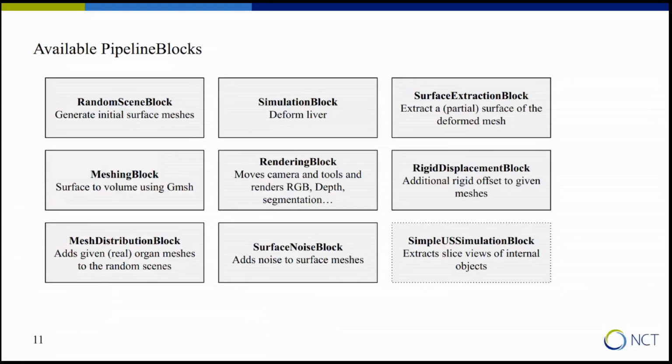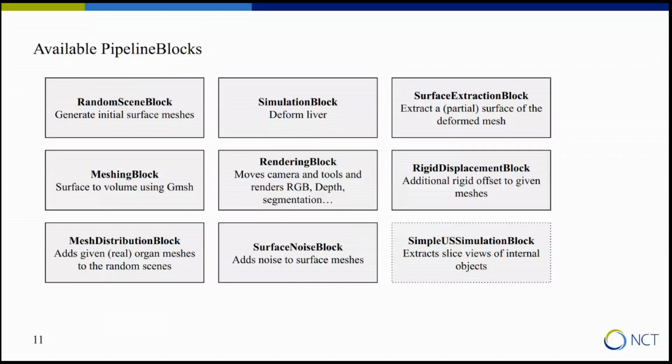Yeah, and these are some of the examples of pipeline blocks that we already have now. I'm not going to go into too much detail on each of them. I'll show some examples of what we can do with this. But the important takeaway at the moment is that we focus a lot on generating the kind of data that we would have in an operation without using actual patient geometry.